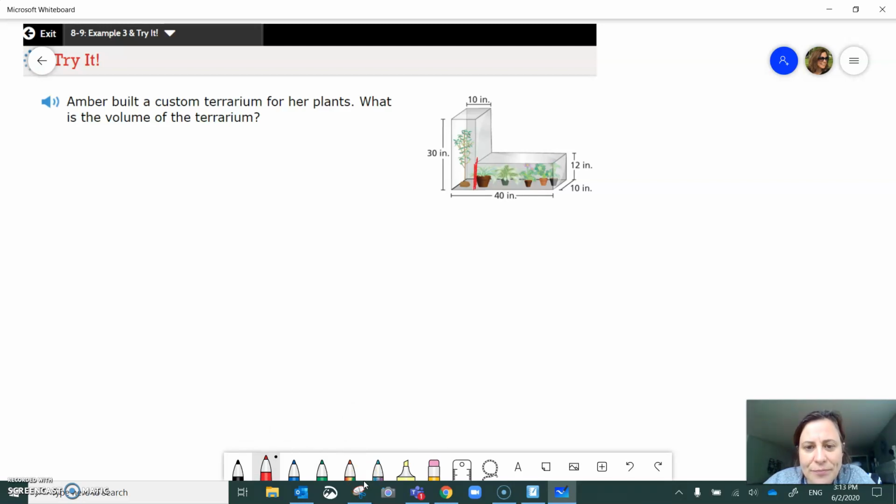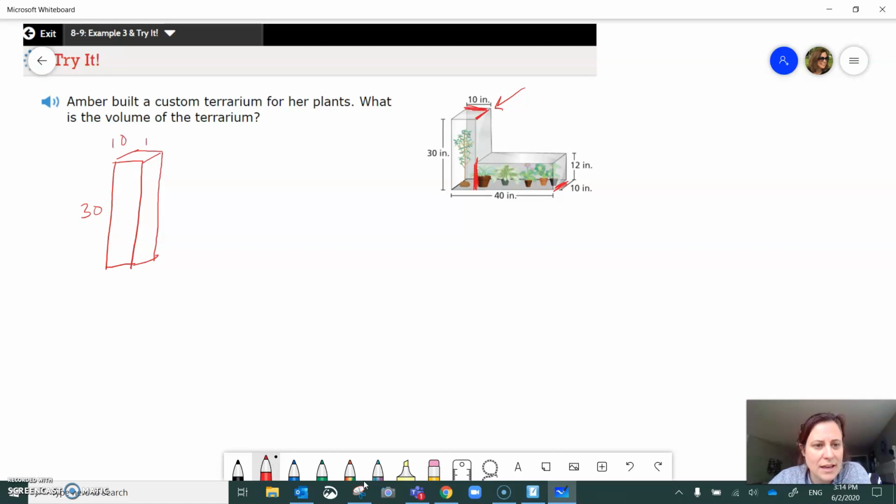So if I deal with this section first, that section is a rectangular prism with a height of 30 inches, and the base itself is 10 this way and 10 this way.